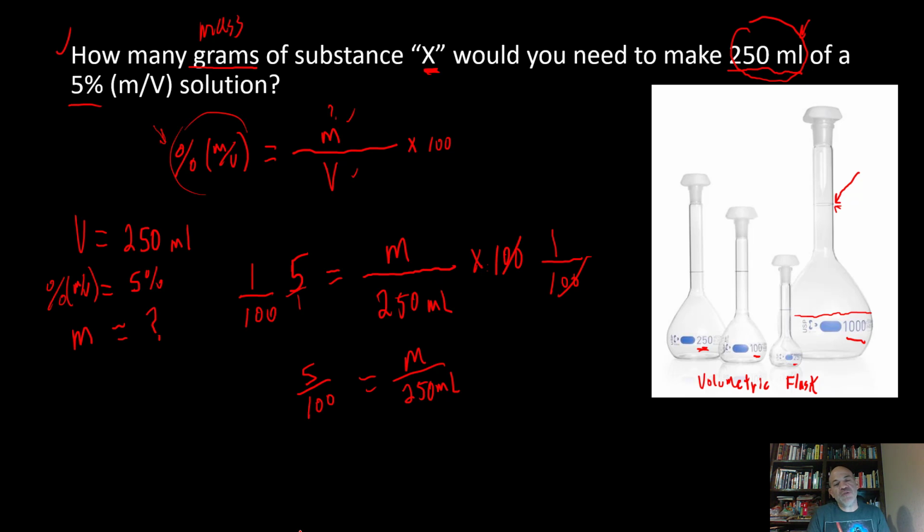You can do that now or do it later with your calculator. And so the next thing I've got to do is multiply both sides by 250 to cancel that out. You remember any number over 1 is the same as that number. So 5 is the same as 5 over 1. This is understood to be over 1, and that means if they're on opposite sides, we cancel. Okay.